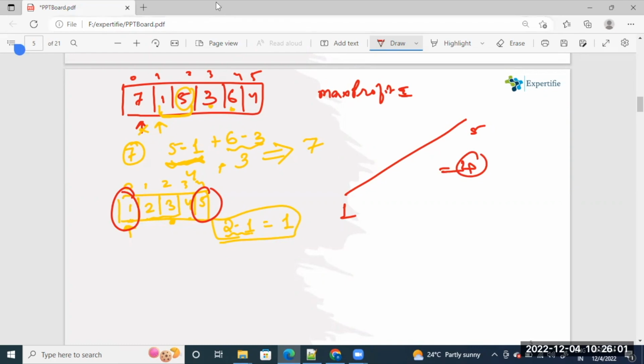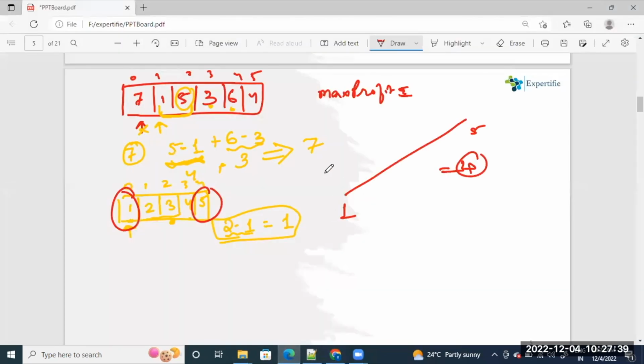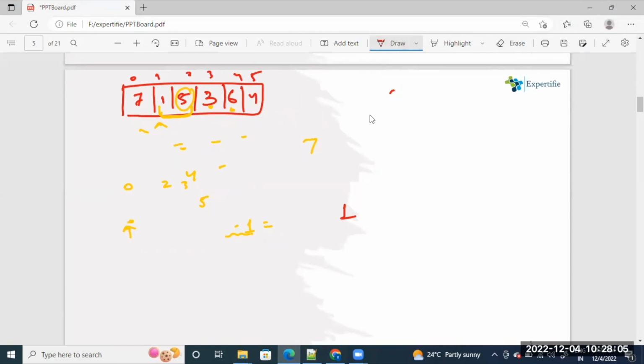Let me open LeetCode for this. Now, how can we proceed? That's the problem statement. Now we have this example 7 1 5 3 6 4. There is one way, the first approach.